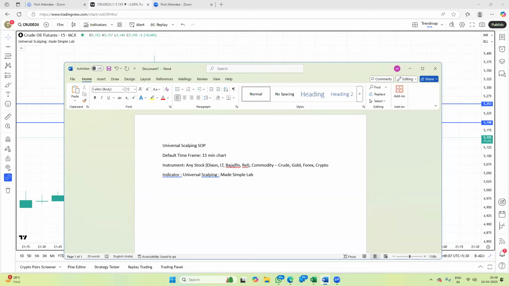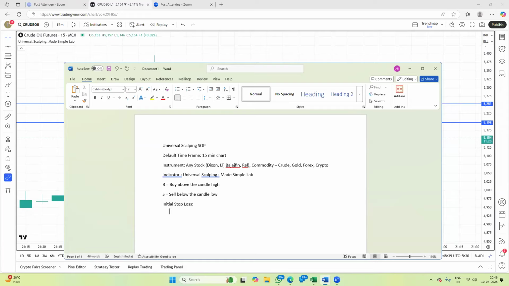Now, the next thing you have to understand is that buy above the candle high, this is important, is equal to sell below the candle low, which I already showed. Now the next thing is the initial stop loss, where I will place the initial stop loss.